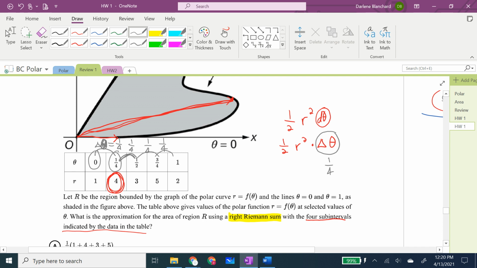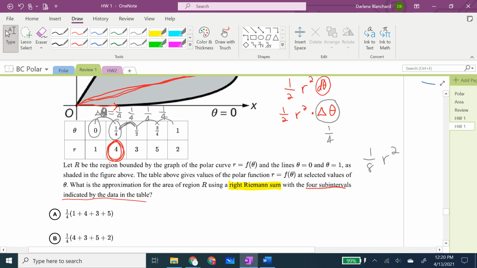So that means the formula is going to turn into 1/8 times r squared for each area. And I'm using the rightmost r's. So my first area of a sector will end up being 1/8 times 4 squared.